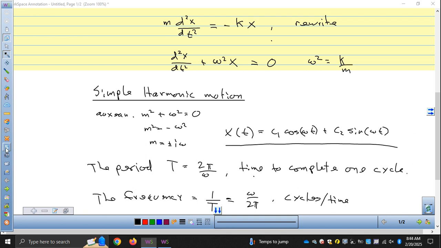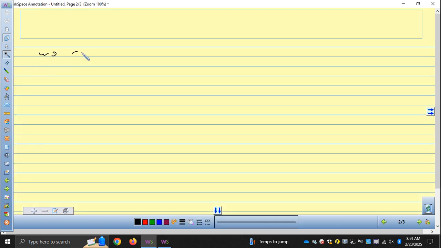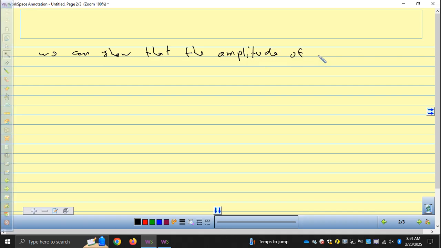Well, you can show that the amplitude of oscillation is A equals the square root of C1 squared plus C2 squared.